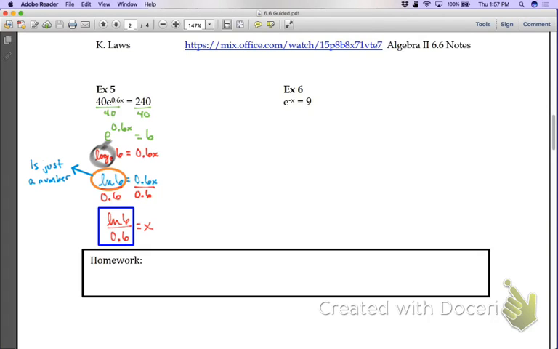Now, if it asks for everything in terms of a decimal, then we're going to put 2.99. So if you have a natural log and it asks for the exact answer and you put the natural log of 6 divided by 0.6, you're good to go. You can stop right there. Now, if it asks for the decimal, then give the decimal.